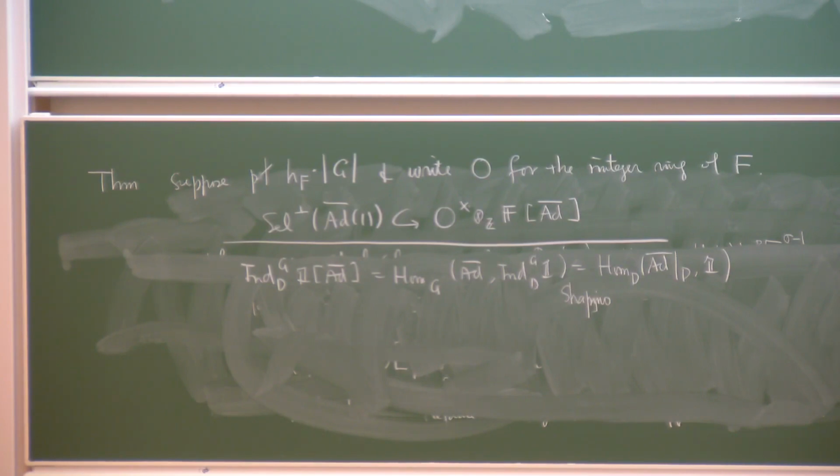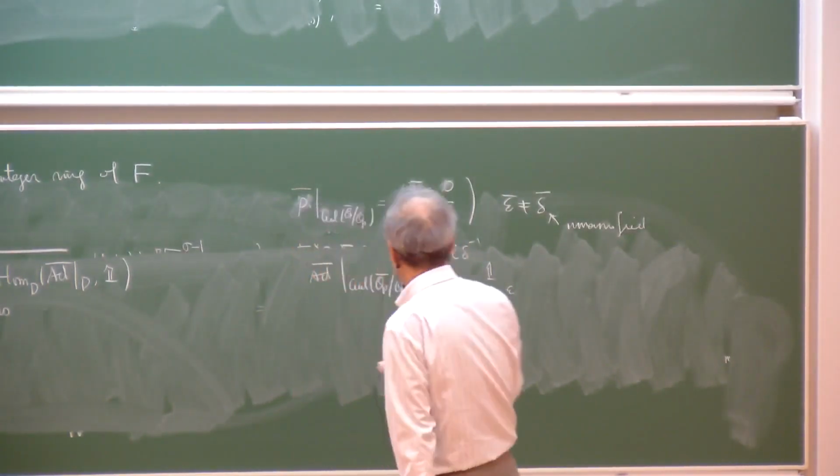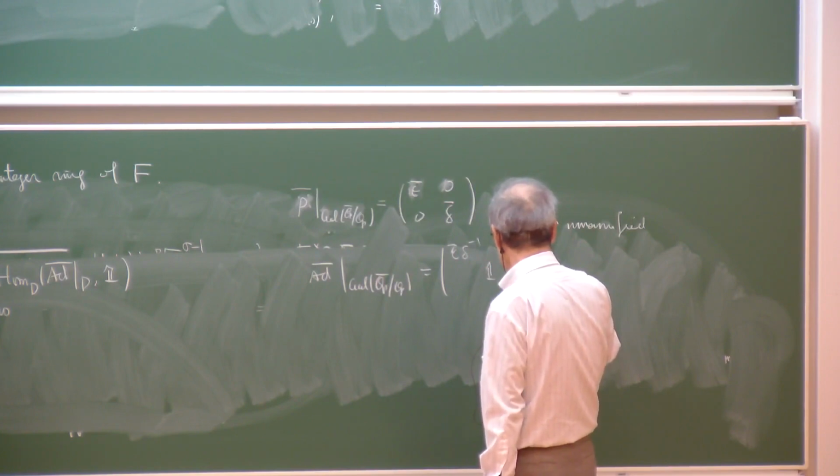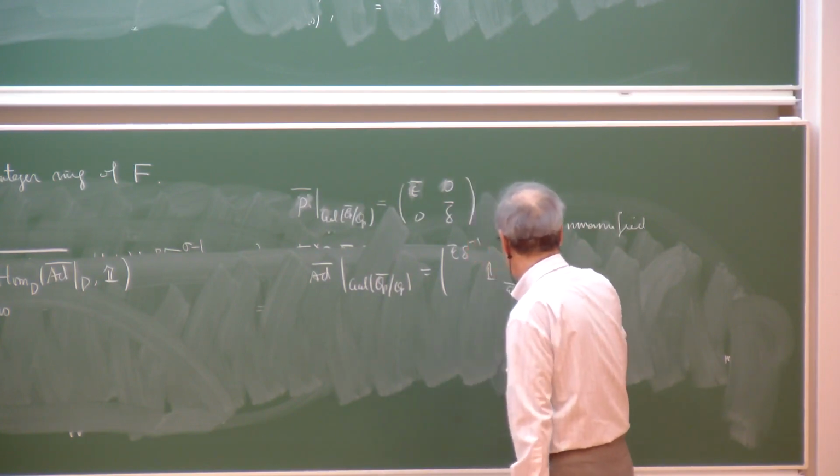So add bar restricted to Gal Q_P bar over Q_P is epsilon bar, delta inverse, 1, epsilon. This is 0 actually, because I assumed that the ramification index even at P is prime to P. Something like that.